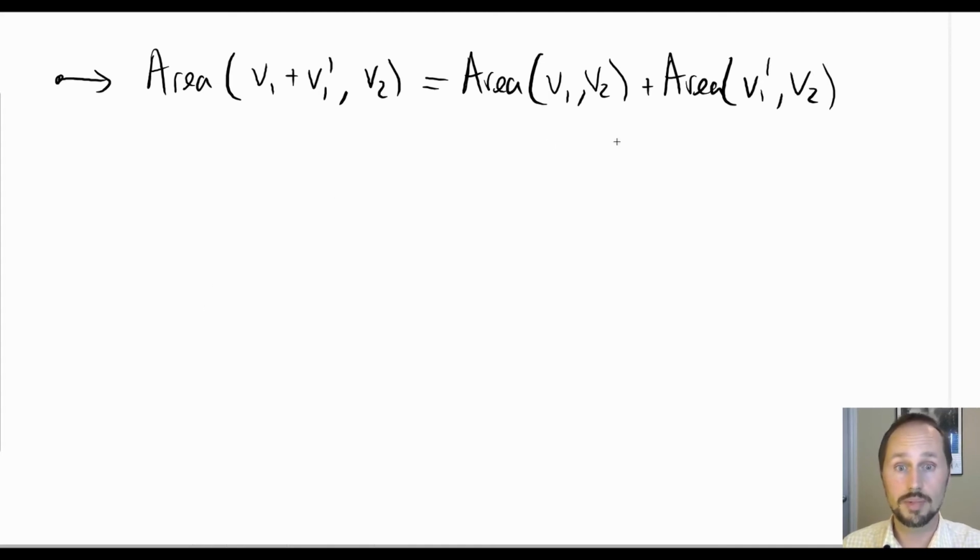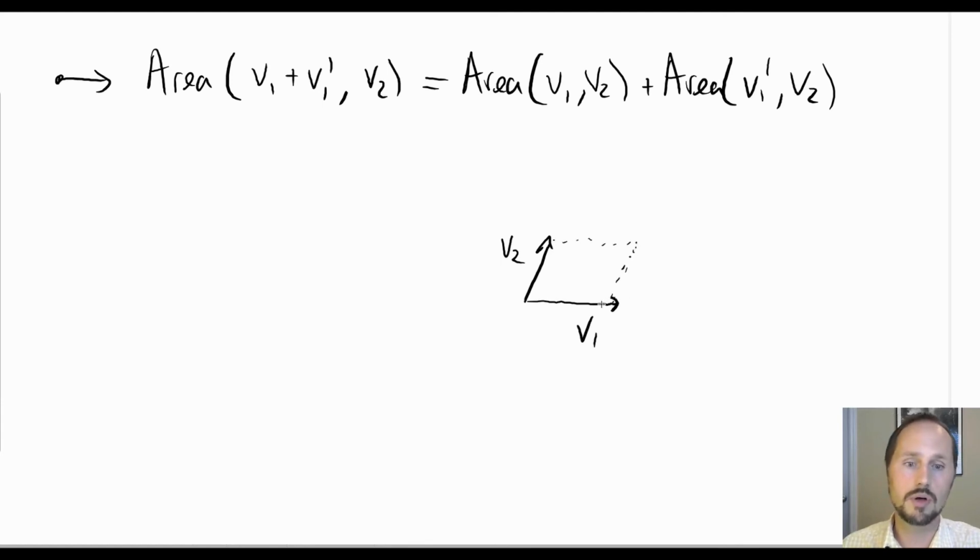Well, let's draw a picture. So there's a picture here for the left-hand side. Let's say that's v2, and here is v1. Then we get this parallelogram right here.